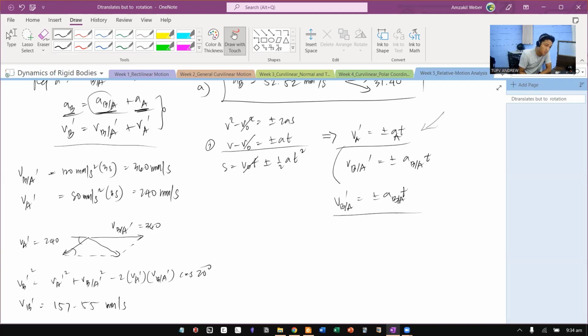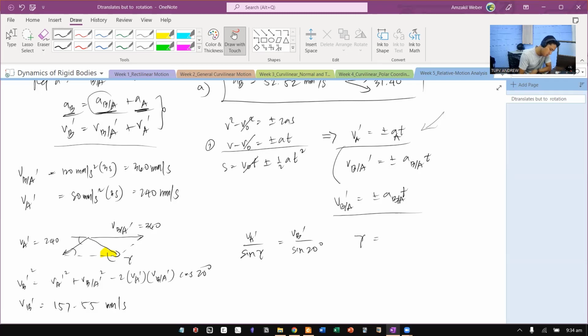I think the angle is not the same as the acceleration angle now. Okay, let's use this one. Let's say gamma. VA prime sin gamma equals VB prime sin 20 degrees.